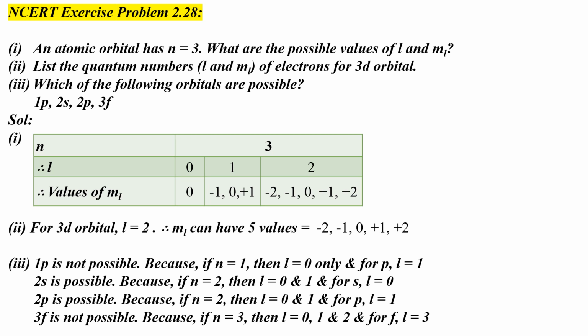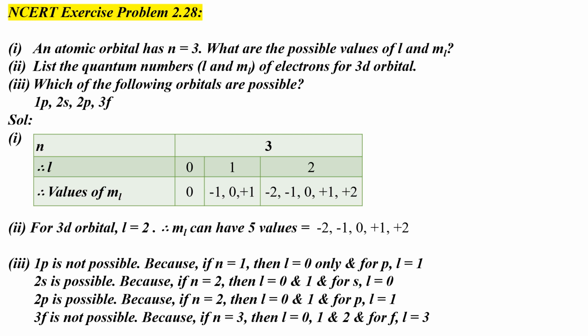When n is equal to 1, L can have only one possible value. And what is that possible value? L can only be 0. If L is 0, then it should correspond to the s orbital. But look, you are given p. So it is not possible, because when n is equal to 1, the value of L can only be 0.